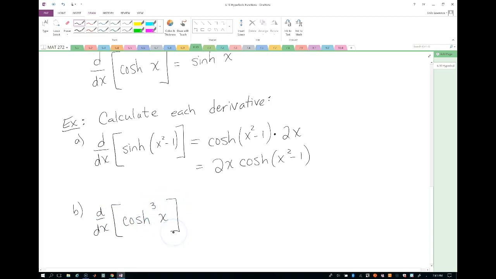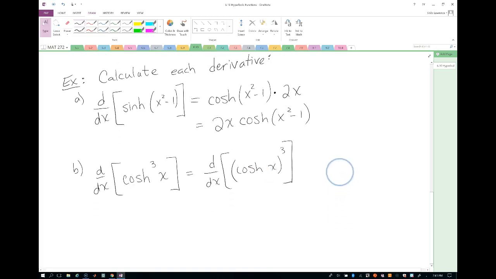The derivative for hyperbolic cosine cubed. So I know we've said this before, but you need to think of that exponent of 3 as really applying to the entire hyperbolic cosine value, and possibly even write it out differently just so you can see exactly how the chain rule is going to work. So chain rule says first do the derivative of the outside piece, which is the cubed.